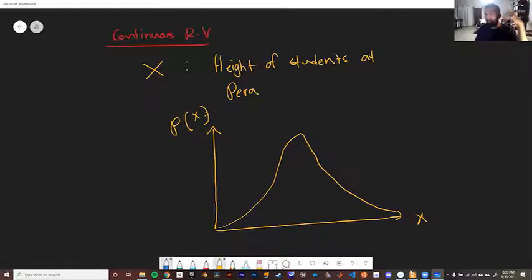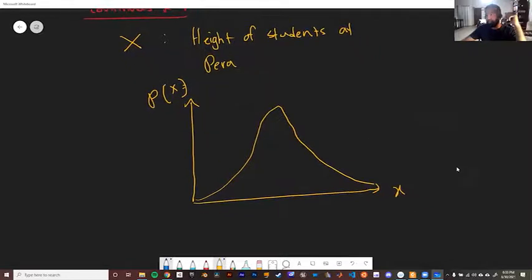Unlike the discrete situation, we have what we call a continuous situation. This is a probability distribution, sorry, probability density function. If it's continuous, it's called a probability density function. This shape here is what we call a Gaussian distribution, and I'll talk a little bit more about that because it's important in Kalman filters. But before we get into that, some important things.